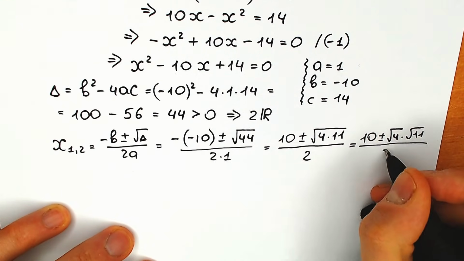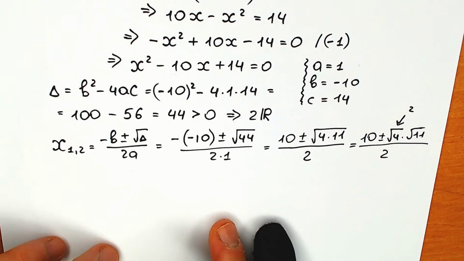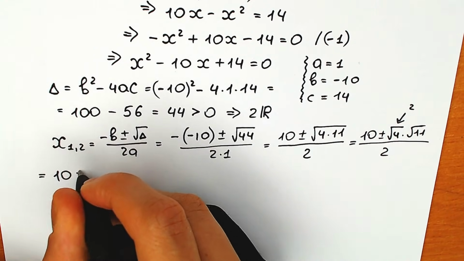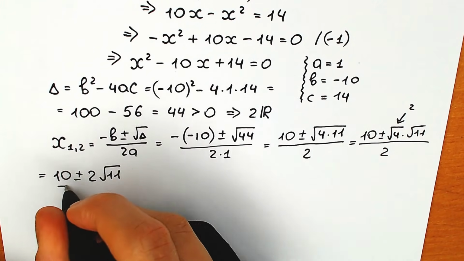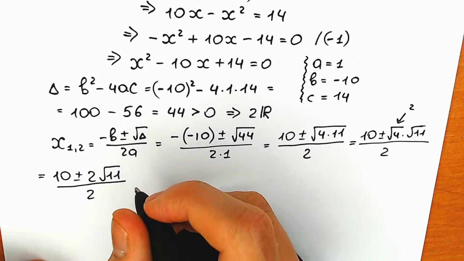The square root of 4 we can easily simplify, equal to 2. So we have 10 plus minus 2 square root of 11 over 2. Of course, this is our answer, but I suggest simplifying it real quick.